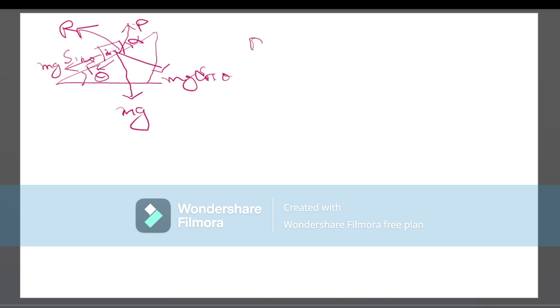Here we can compare: P cos alpha will be equal to mg sine theta acting downward plus F, which is the frictional force, and the frictional force is obviously mu R. So this is P cos alpha equal to mg sine theta plus mu R. Now what is R?